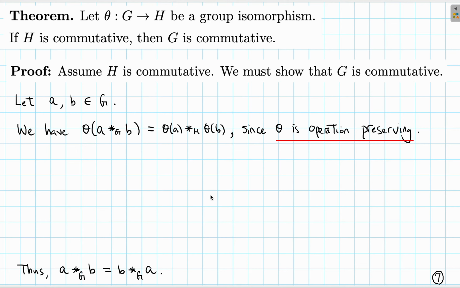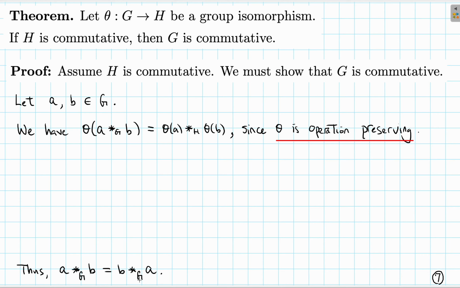Theta as an isomorphism means theta is a bijection, which means it's one-to-one and onto, and also it's operation preserving. So rather than saying something very general and a little bit vague like theta is an isomorphism, we can be more specific about what aspect of an isomorphism we used, namely theta is operation preserving. So let's do that in these isomorphism proofs.